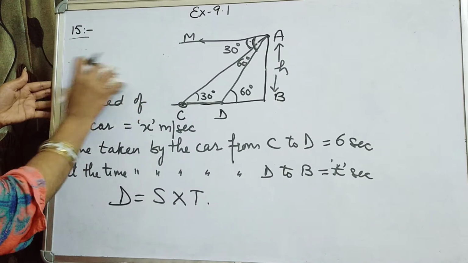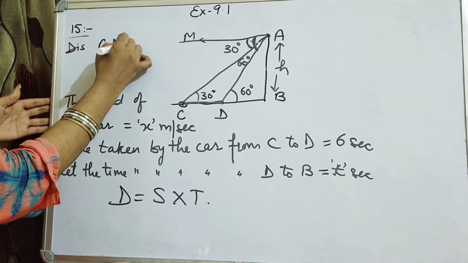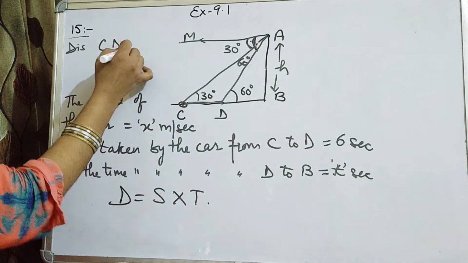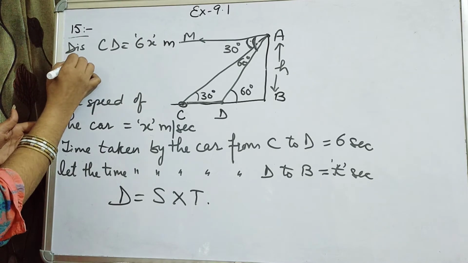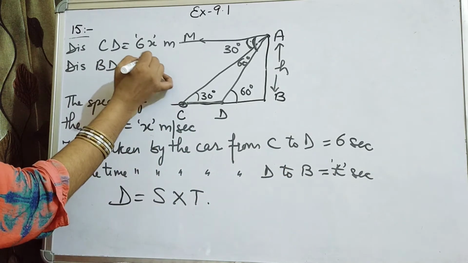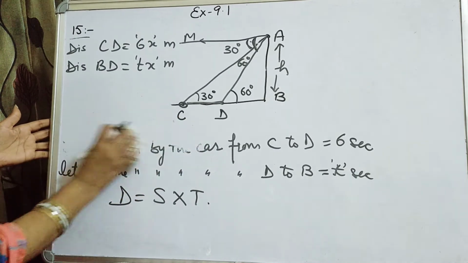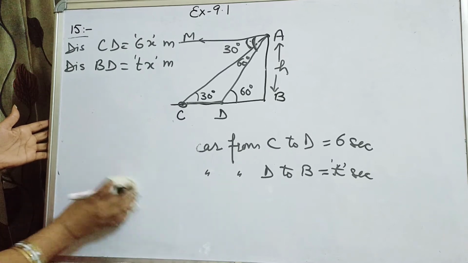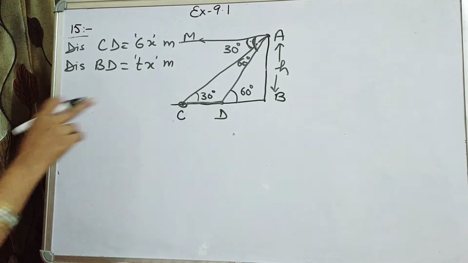Distance CD will be speed into time, that is 6x meters, and distance BD is again speed into time, that is Tx meters. Now we have to make some equations, and after solving them we can get the time taken by the car moving from point D to B.